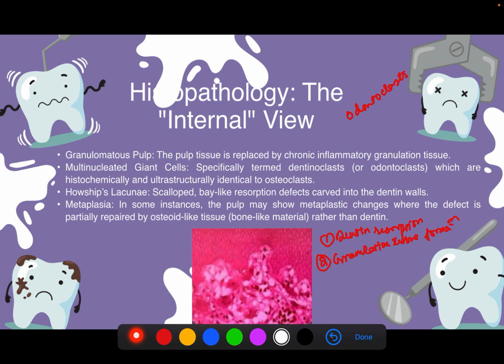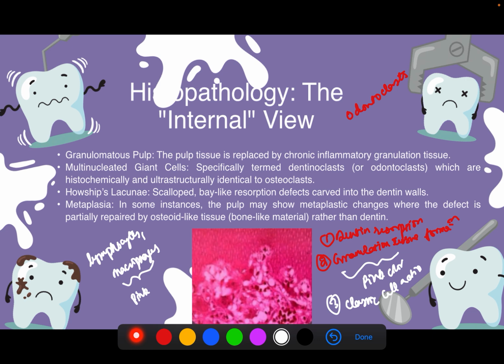What are the chronic inflammatory cells? We have lymphocytes and macrophages, and this granulation tissue is responsible for the tissue appearing pink in color. Next is the clastic cell activity.